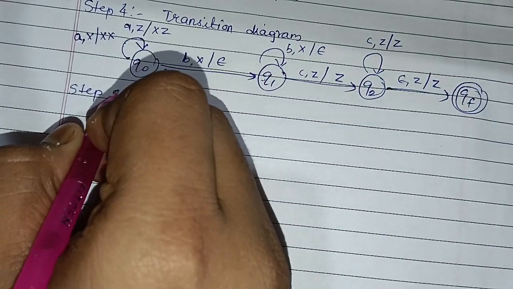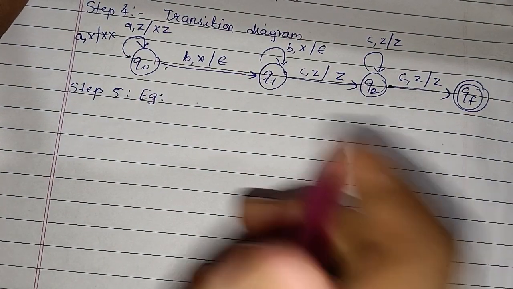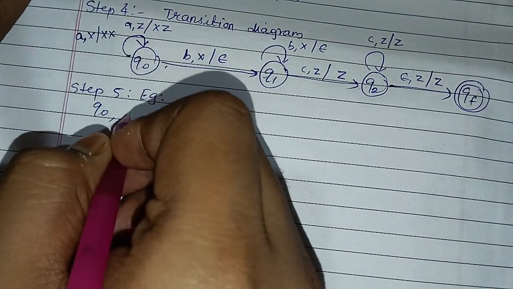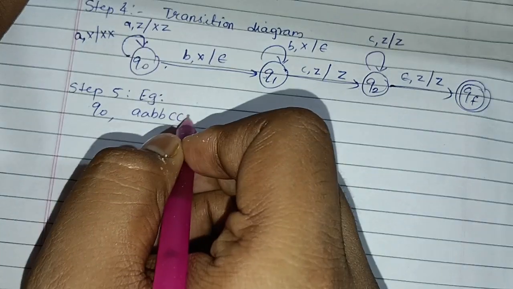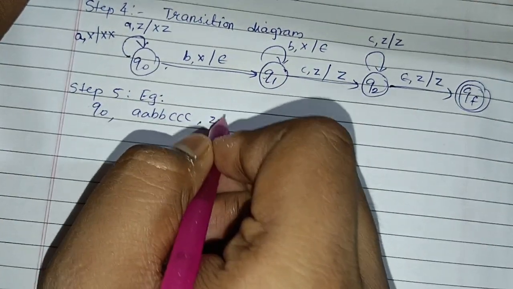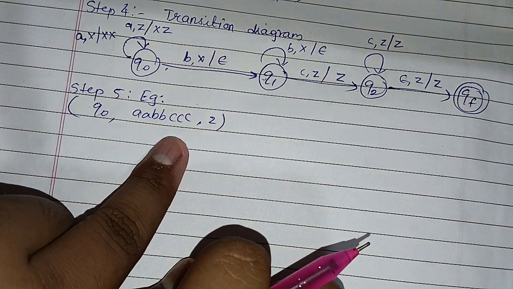Step 5, example. What is the example? I am taking q0, I am taking 2 a, 2 b and 3 c, no issue. Now see, here n value is 2 and m value is 3.